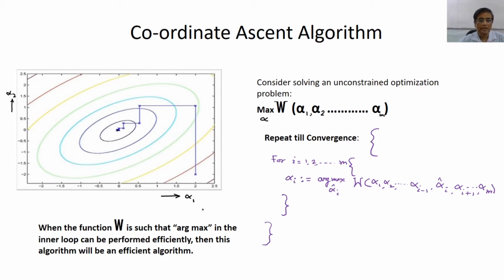Now this is a great algorithm, simple to implement, but it works well only if W is such that the argmax in the inner loop can be performed efficiently. Then only will this algorithm work efficiently.